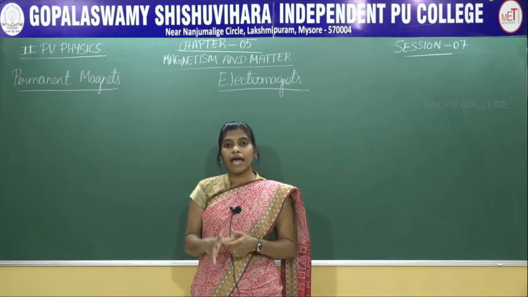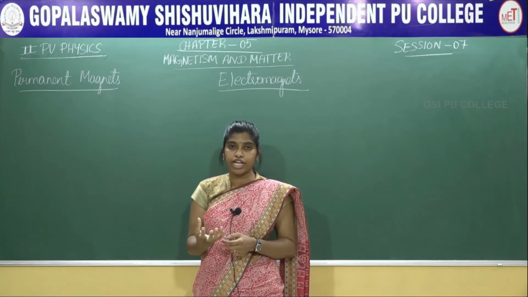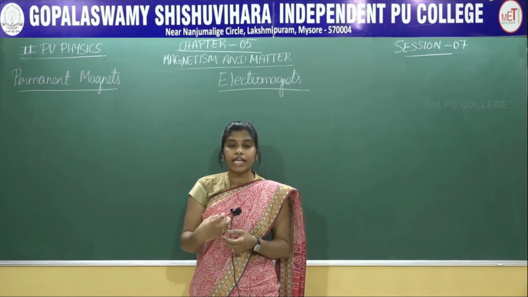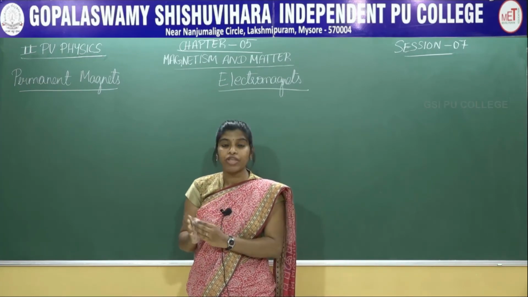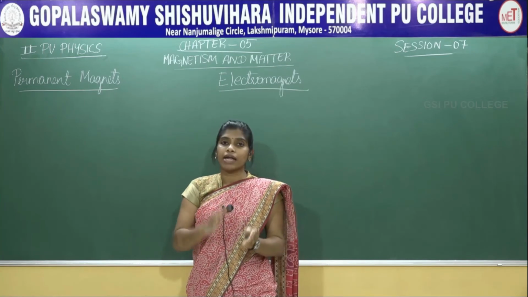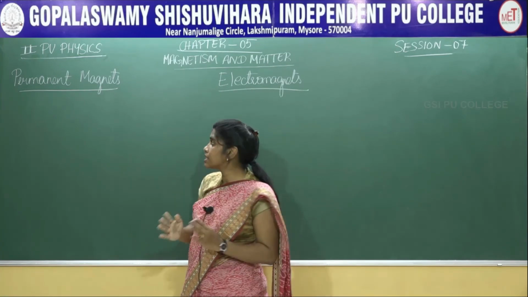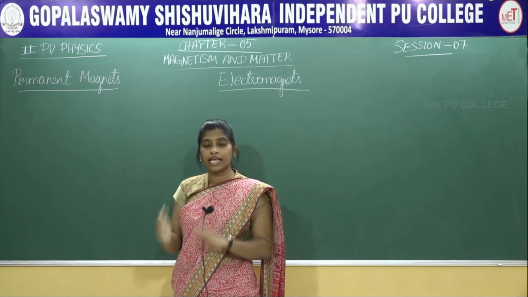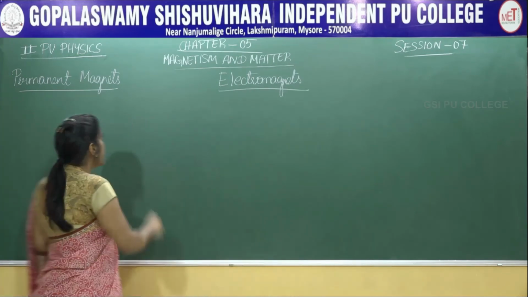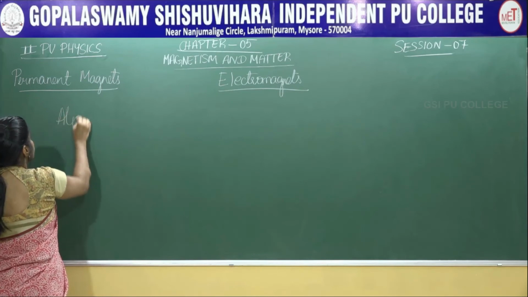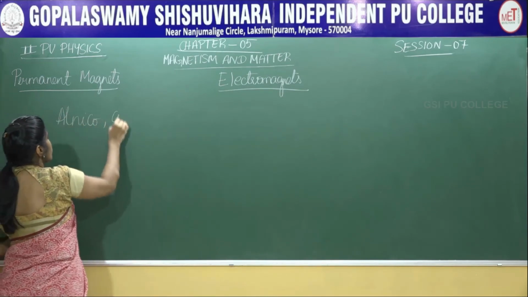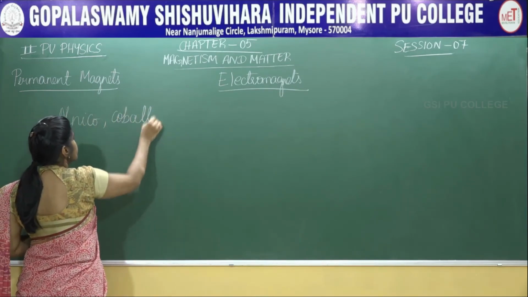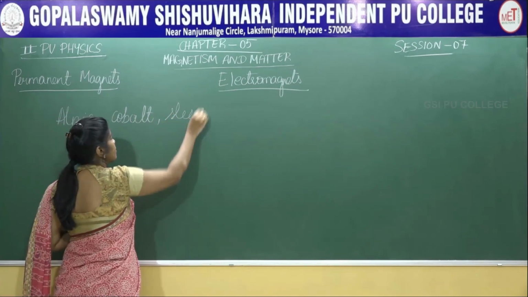Even at room temperature, they retain certain magnetization even after the removal of the magnetizing force, and such magnets are called permanent magnets. Examples include alnico, cobalt and steel.